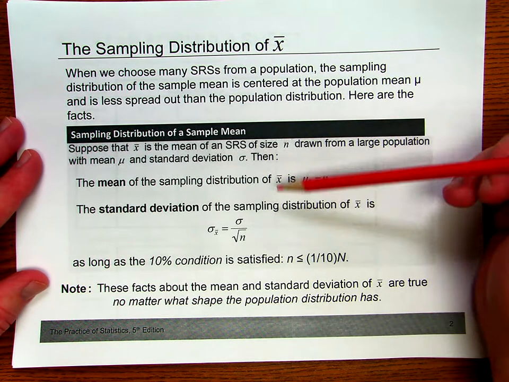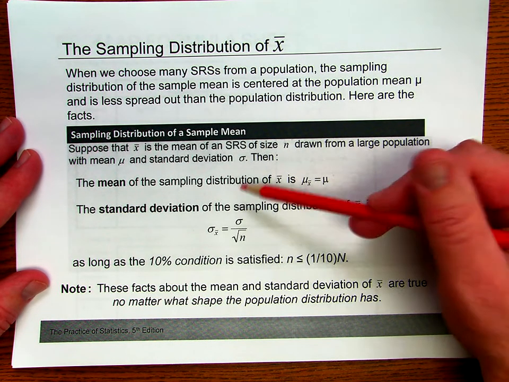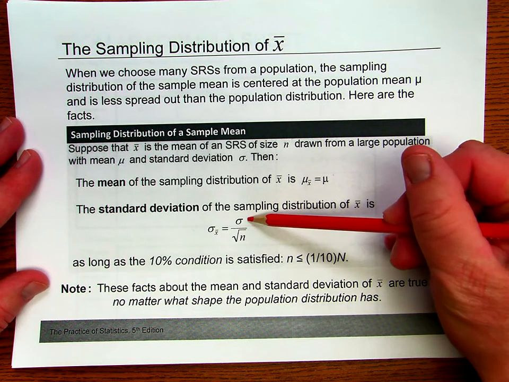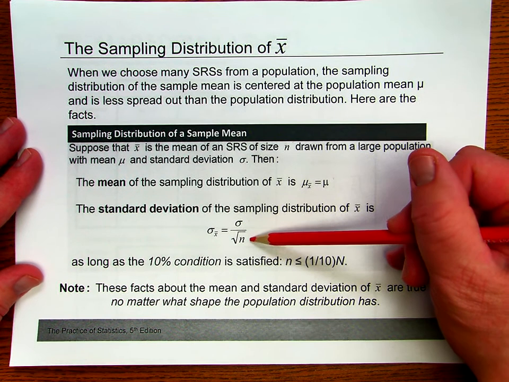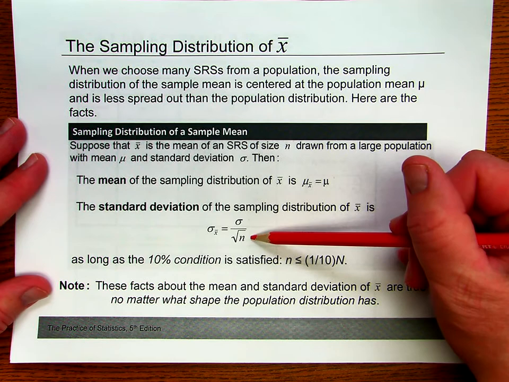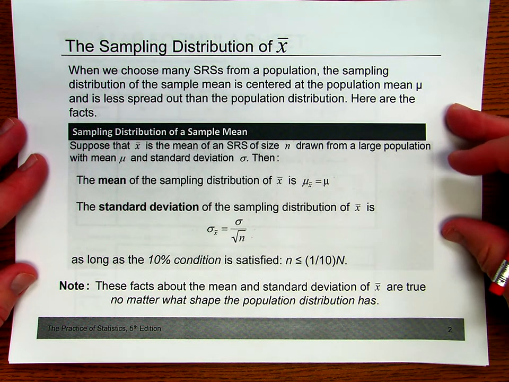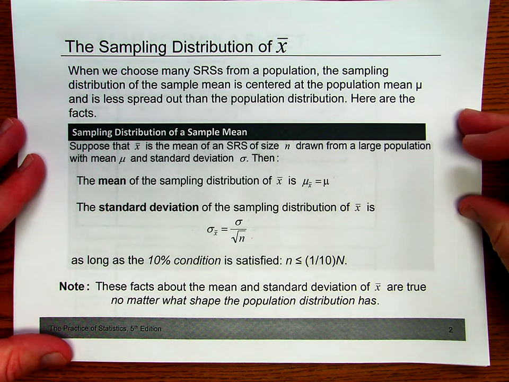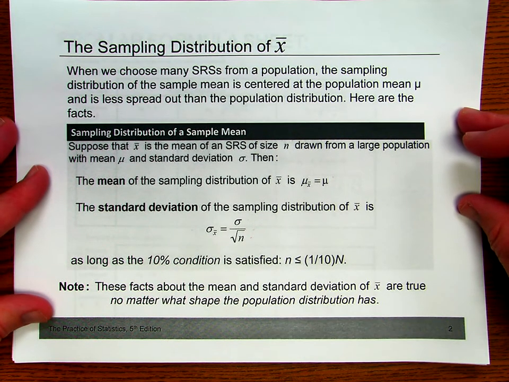The mean of the sampling distribution is the population mean, and the standard deviation is the population standard deviation over the square root of the sample size. And similar to when we were talking about proportions, this is going to be true as long as we're not sampling more than 10% of the total population. Okay, these facts about the mean and standard deviation are true no matter what shape the population distribution has.